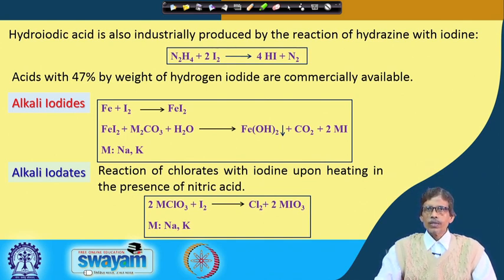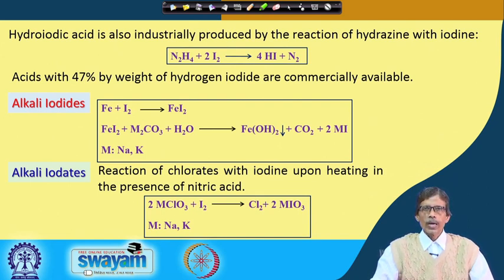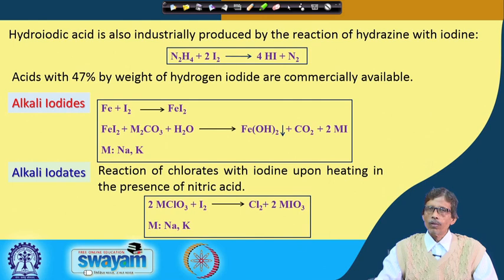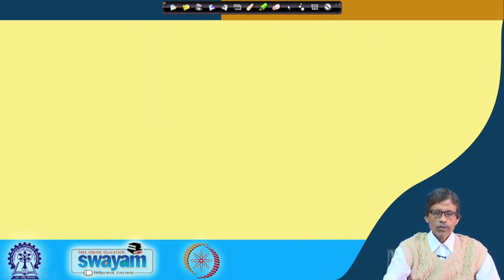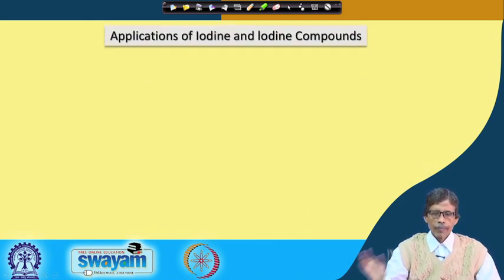Different companies have different routes of making all these things, because they always compete with each other to produce the corresponding compound at very low cost and cheaply. So, depending upon the availability of the source material, they try to adopt newer and newer procedures for the production of all this. So, chlorate will be utilized for making this iodate through the utilization of elemental iodine.